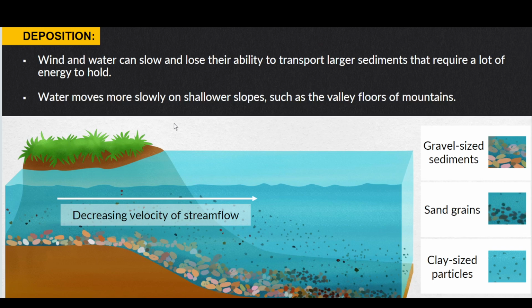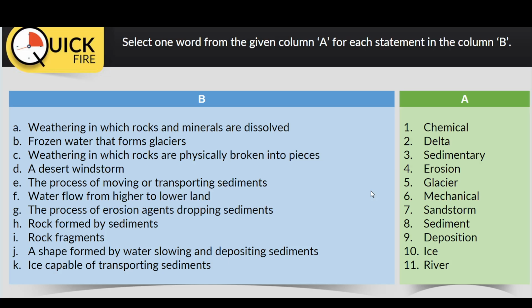Water moves more slowly on shallow slopes like valley floors or the bases of mountains. So these are the gravel-sized sediments. Then there are some sand grains. Then these tiny particles are clay-sized particles. So there is a slope which is decreasing the velocity of stream flow, right?